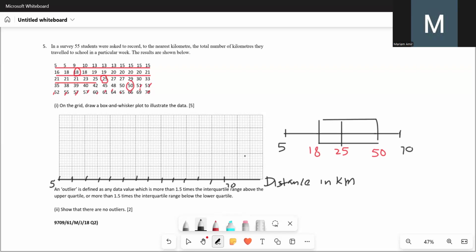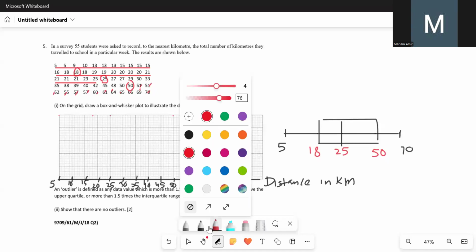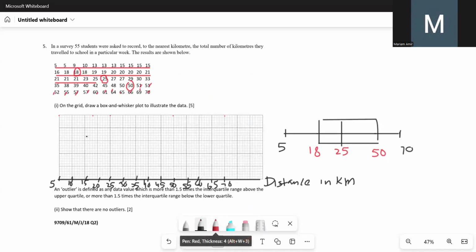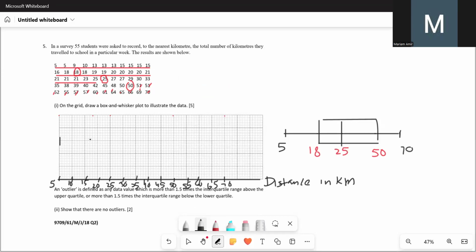Let me finish marking the x-axis. Okay, so that's done. Now we're going to mark 5 here, then 18, then 25, then 50, and finally 70.